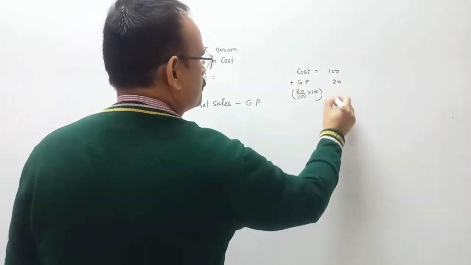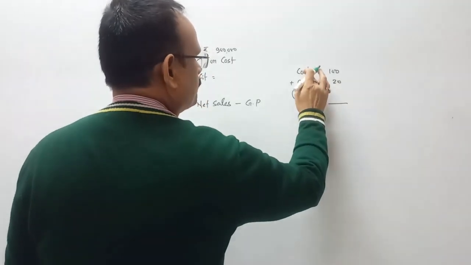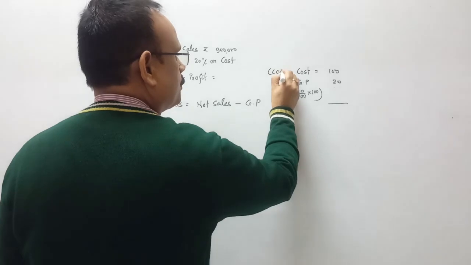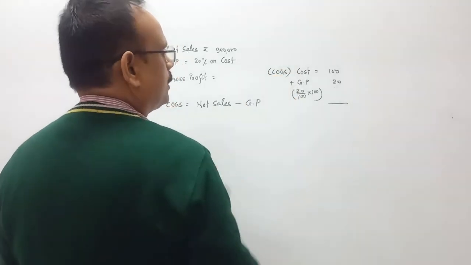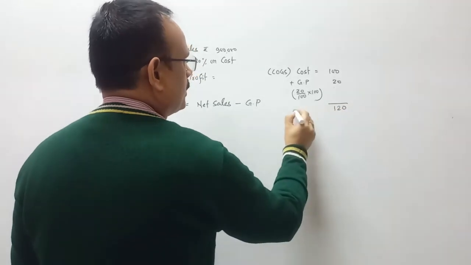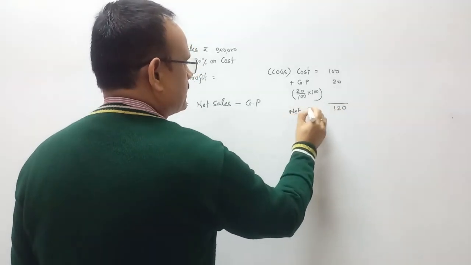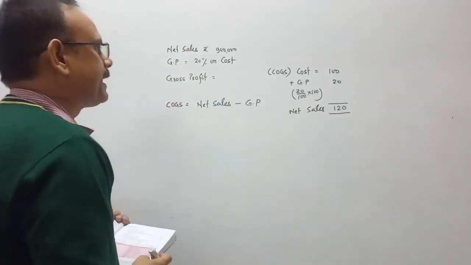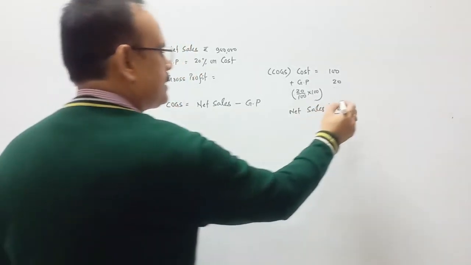Cost of goods sold plus GP is called net sales. So when the net sales is 120, GP is how much?